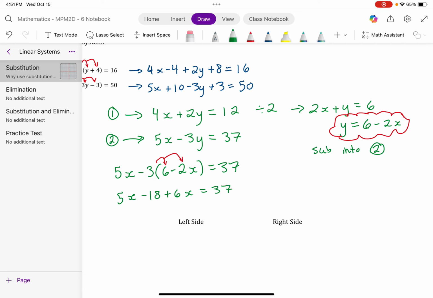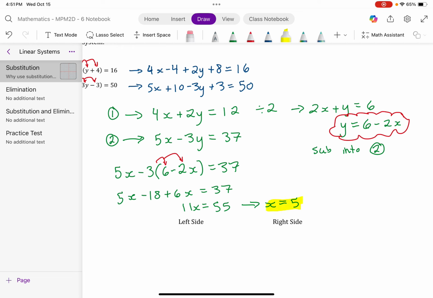If we collect like terms, we have 37 plus 18 on the right-hand side of our equation, which gives us 55. And 5x plus 6x is equal to 11x. If we simplify that out, x is going to be equal to 5. So x is equal to 5.